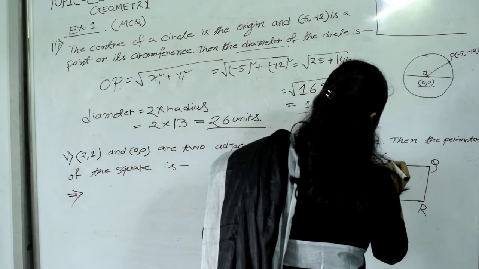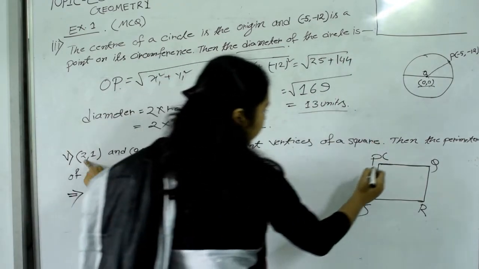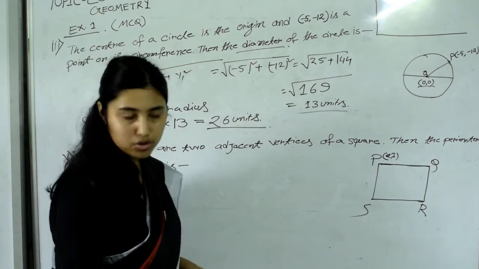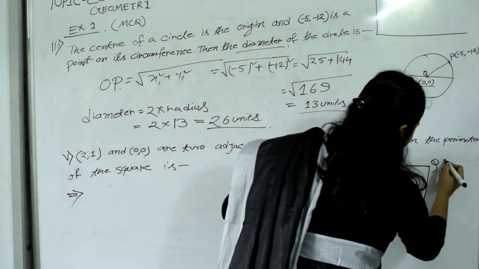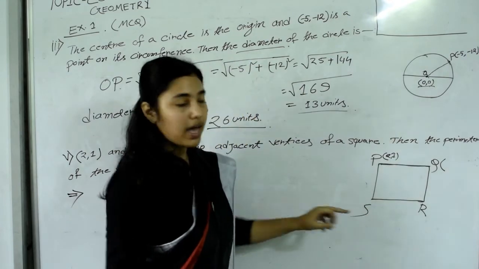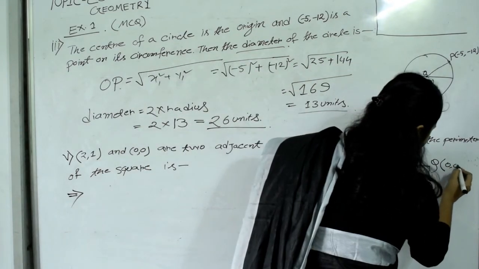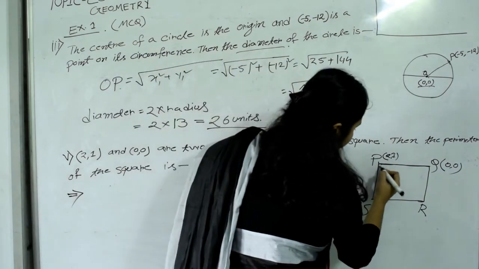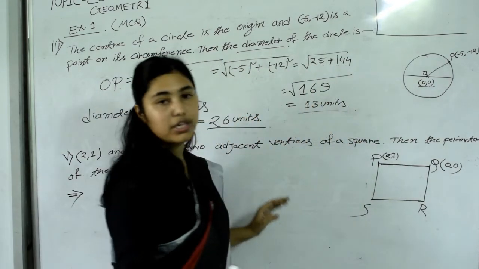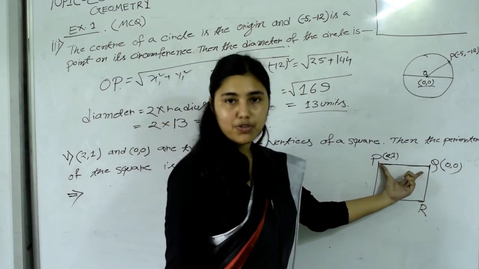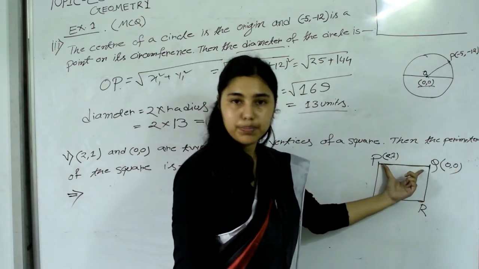Okay, so suppose if we consider the coordinate of P as 2, 1, then we have to consider either Q or S as 0, 0. Okay, now find the distance between these two points, which means we have to find the value of PQ.